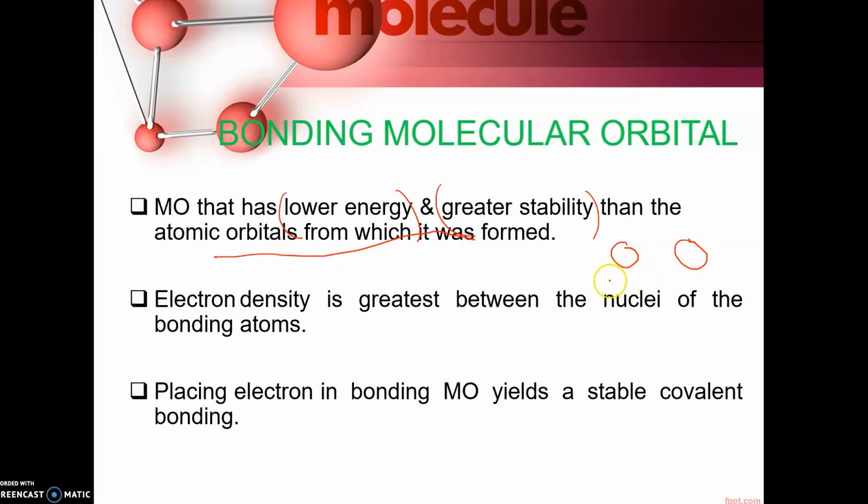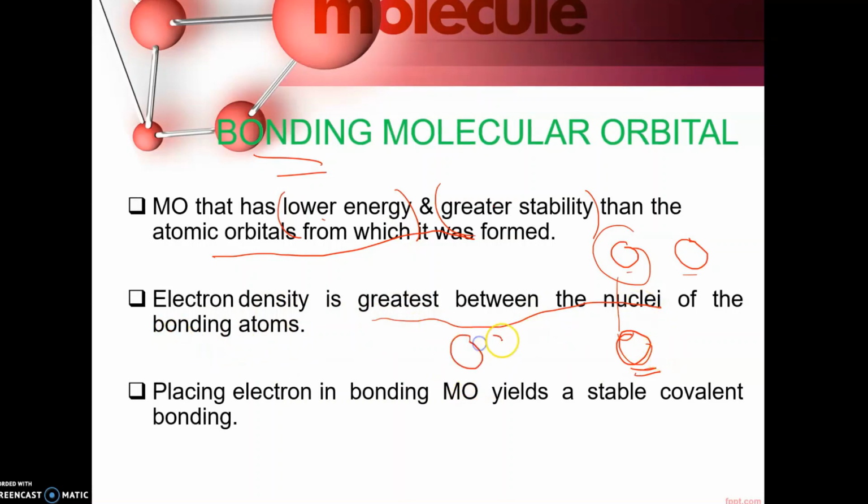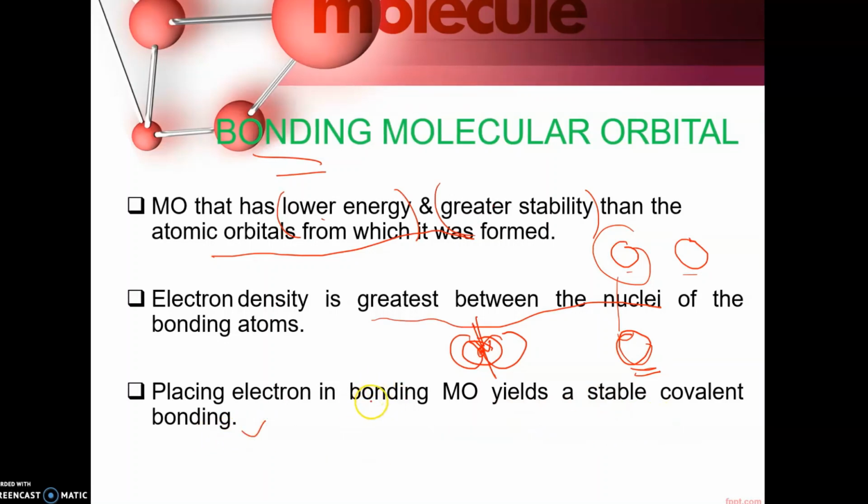When they overlap, for the bonding orbital, it forms with lower energy and greater stability than the atomic orbitals themselves. So when they overlap, the energy goes lower; the new overlapped orbital has lower energy than the original, and it is also more stable. In a bonding molecular orbital, the electron density is greatest between the nuclei of the bonding atoms. Placing electrons in the bonding molecular orbital yields a stable covalent bond. So it's good.